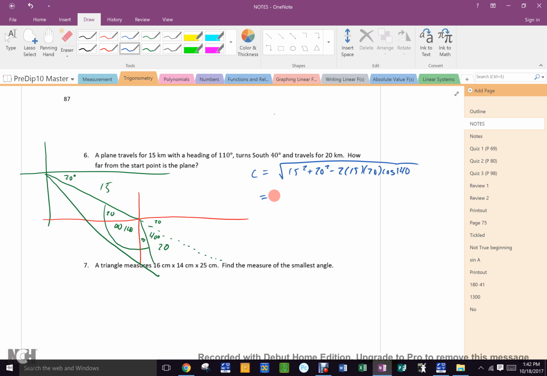Square root of 225 plus 400 minus 600 times cos 140, close brackets, equals, what did we say? 32.9.